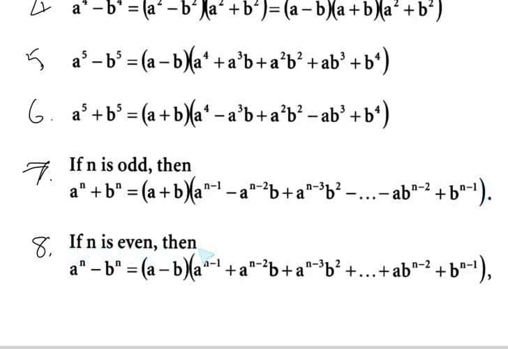And if n is even, then a power n minus b power n equal to a minus b into a power n minus 1 plus a power n minus 2 into b plus a power n minus 3 into b square plus and so on, plus a into b power n minus 2 plus b power n minus 1.